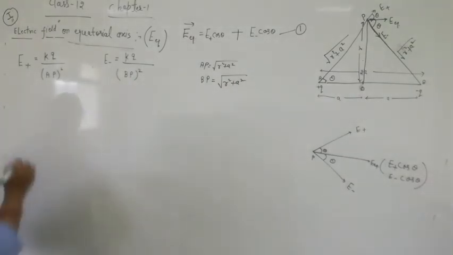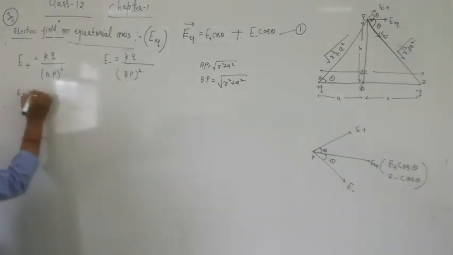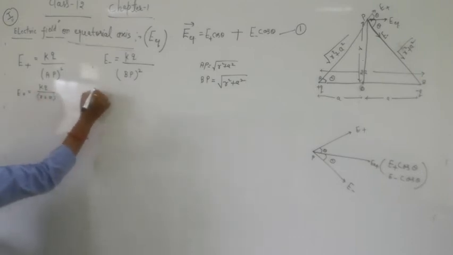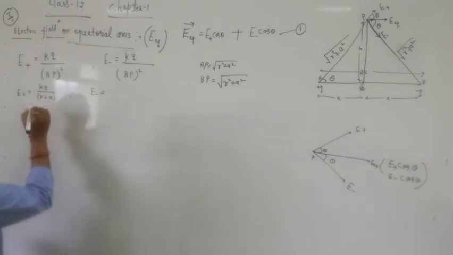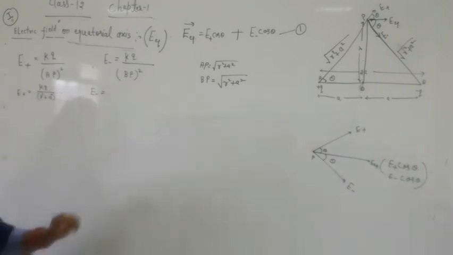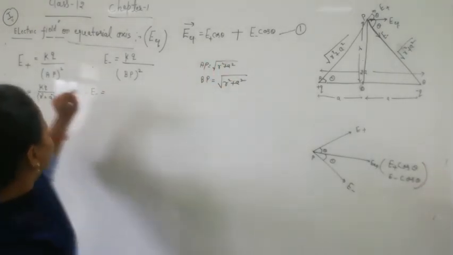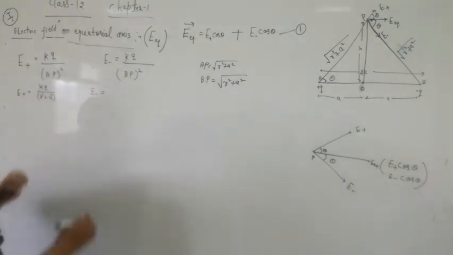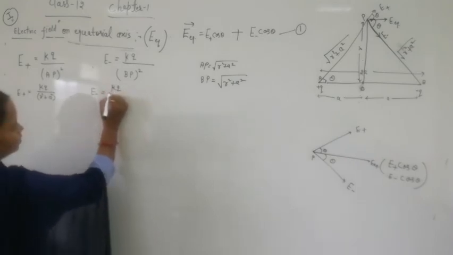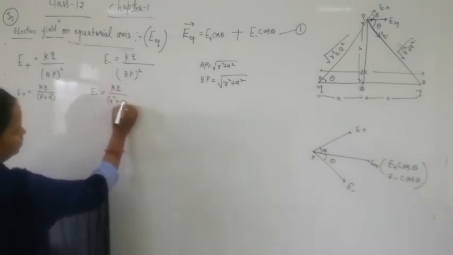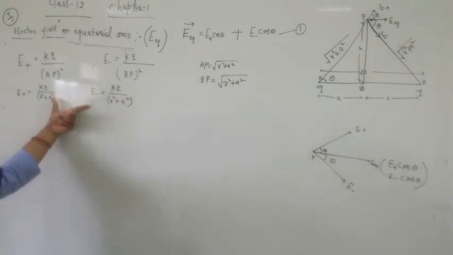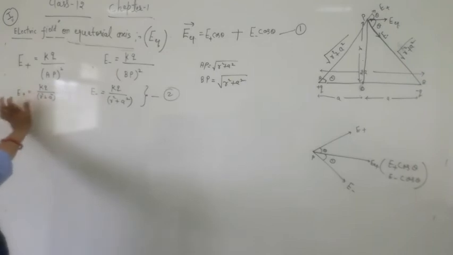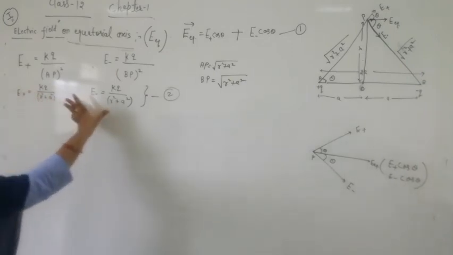So we put E plus equal to kq upon r square plus a square, and E minus is also kq upon r square plus a square. The square is cancelled with the under root. Look at equation number 2: it has E plus and E minus with the same magnitude.